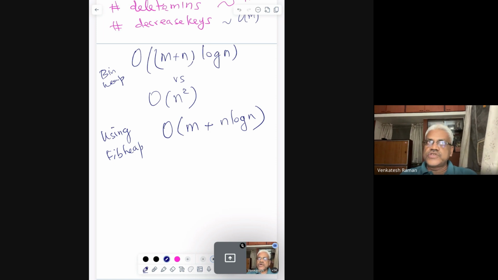Then if you use a binary heap, first you figure out what data structure is appropriate here. Because you are talking about delete min, binary heap is a natural choice. If you do that, it takes (m plus n) log n, but there are better structures which can improve it to m plus n log n. Okay, any questions?